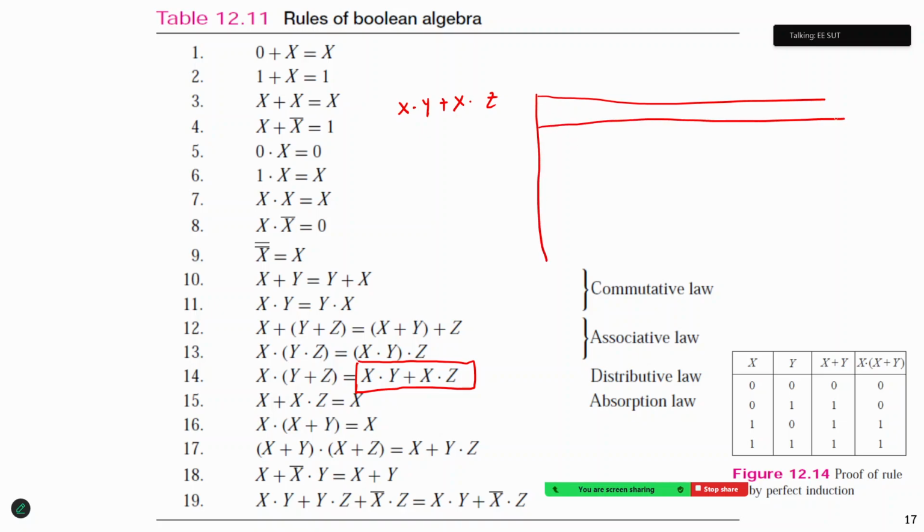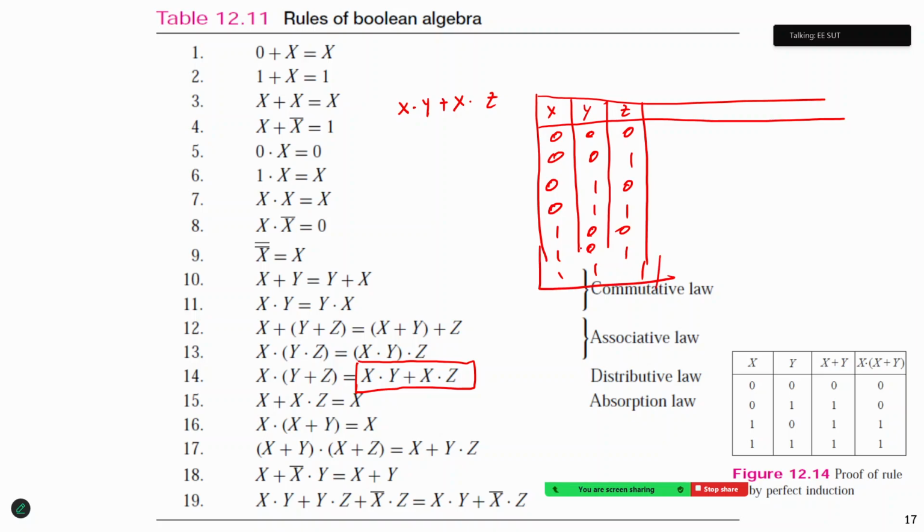So we will have 3 input values, right? It will be X, Y, C: 0, 0, 0, 0, 0, 1, 0, 1, 0, 0, 1, 1, 1, 0, 0, 1, 0, 1, 1, 1, 1. Just like this, to get all possible combinations, right?